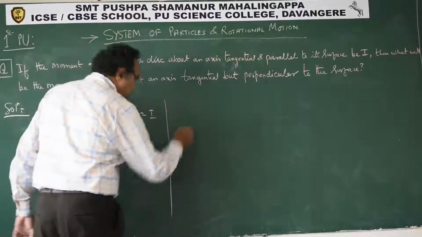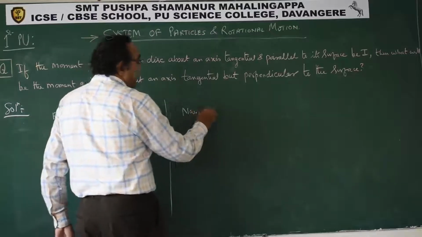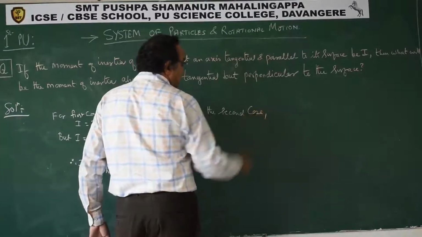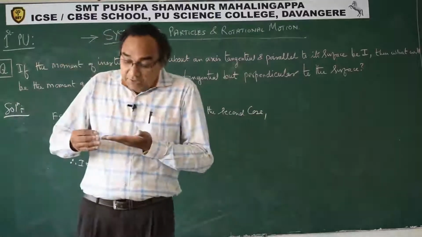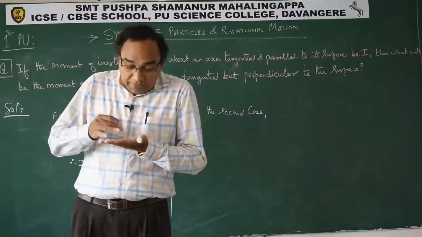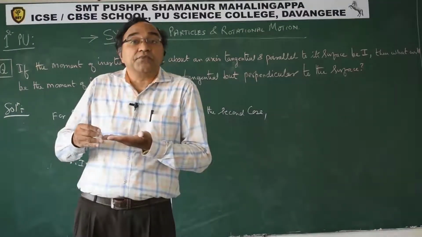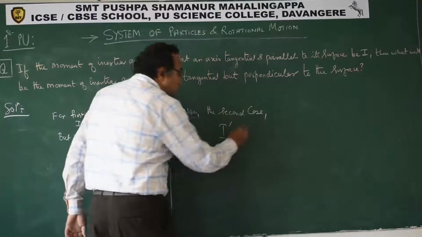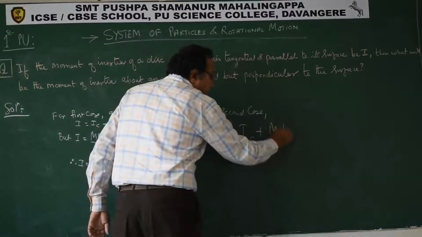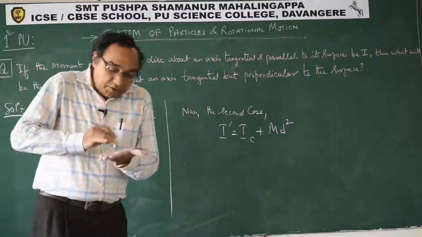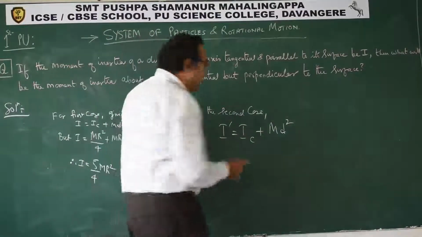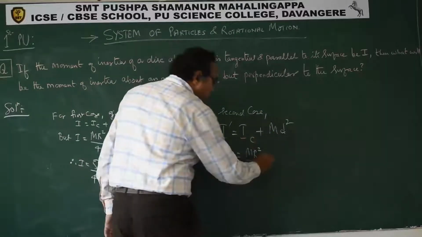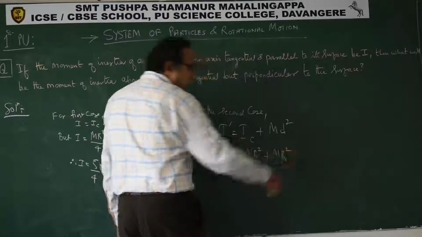Now the second case, tangent is perpendicular to the plane, it is this way. So apply the parallel axis theorem directly. So what do we get? I dash is equal to I center plus parallel axis theorem. Now about the center it is m r square by 2, not about the diameter, it is a disc. So it is m r square by 2 plus m r square.